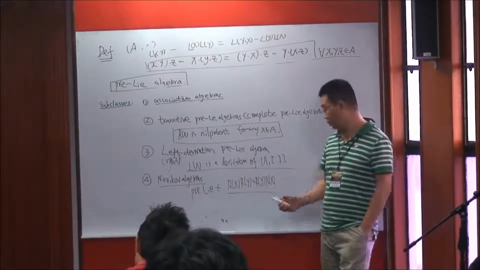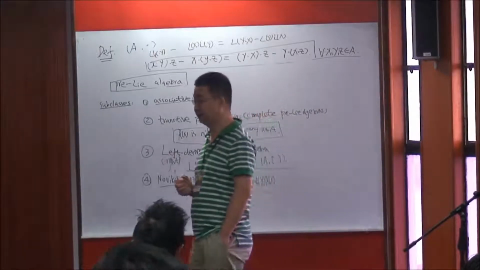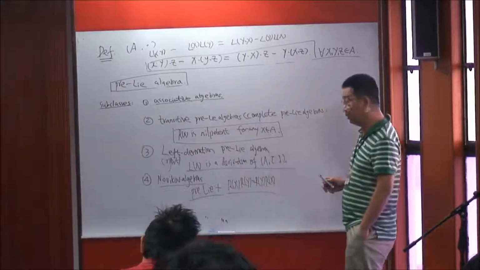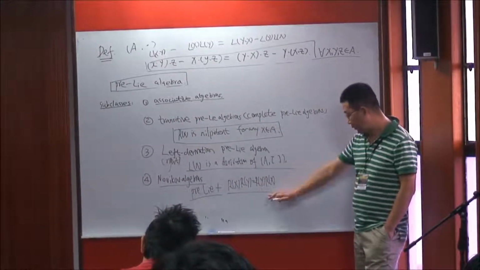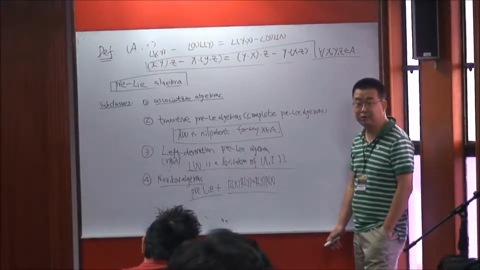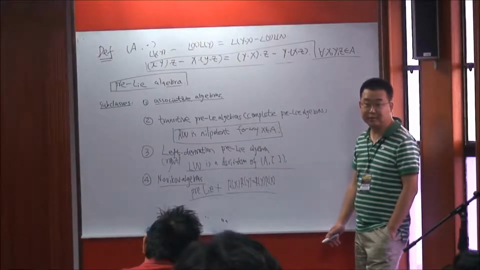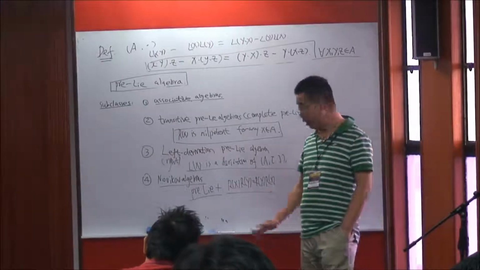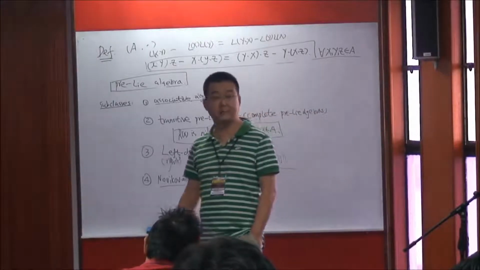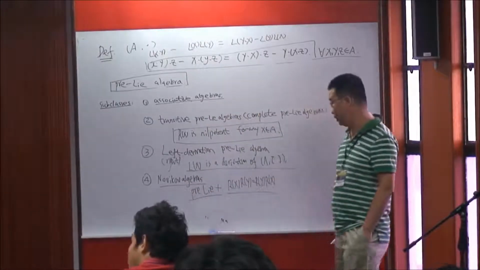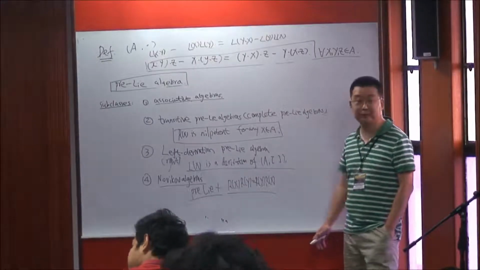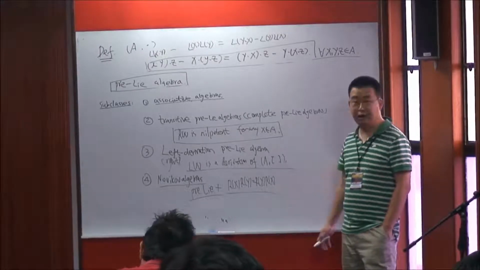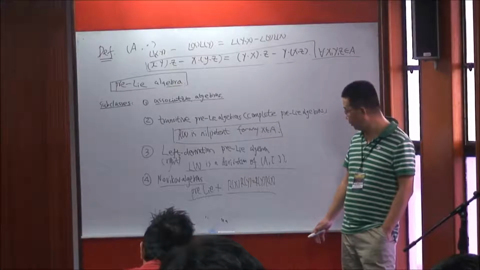The two conditions are independent in some sense, and this algebra is also important in mathematical physics. This structure was first introduced by Gelfand and Dorfman in the study of Hamiltonian operators. Some people call such structures the Gelfand-Dorfman algebra. But later it was restudied by Novikov in the study of the Poisson bracket of hydrodynamic type.